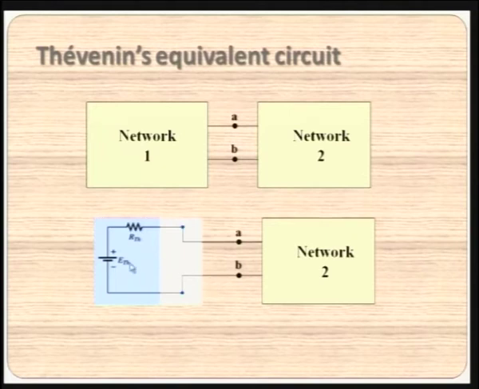Of course, we have calculated the ETH and RTH by imposing some conditions. The network 1 could be a very messy one. We do not know what sort of connections are there, but nevertheless, by implementing the two conditions, we were able to replace the entire network with a Thevenin equivalent like this.